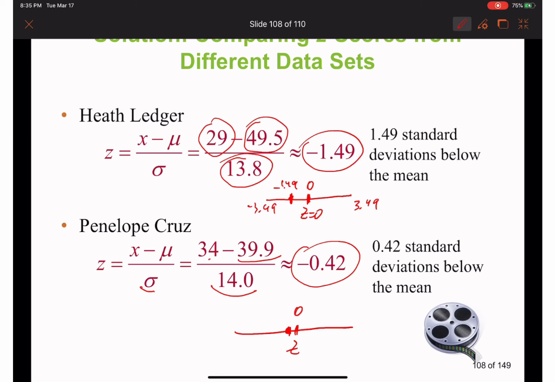Comparing Heath Ledger to Penelope Cruz, Heath Ledger got the Oscar at a much younger age compared to other men who got the Oscar, whereas Penelope Cruz got it at a slightly younger age than the average of women, because negative 0.42 is only a little bit below our average.